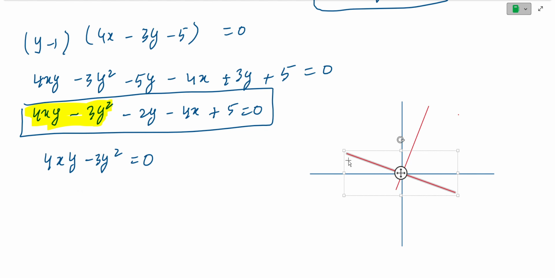So the pair of straight lines equation can be represented with the second degree terms in the given pair of straight line equation. With the help of the second degree terms, we can frame the equation of the pair of straight lines passing through the origin and parallel to the given ones.